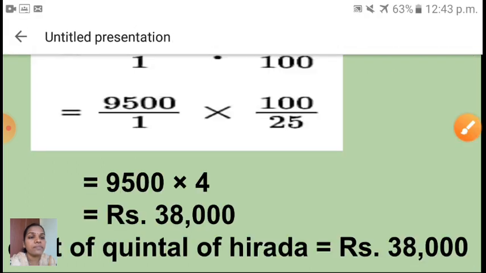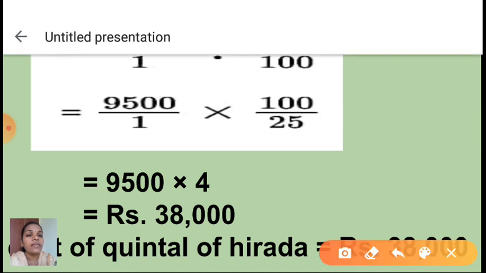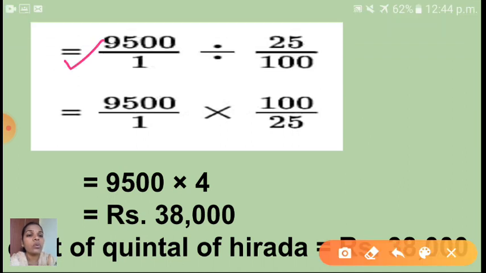See, so first step, here I have written that 0.25 I have converted into a common fraction, that is 25 upon 100. Next step is what? Yes, this number you have to multiply with the reciprocal of this fraction, that means into 100 upon 25.